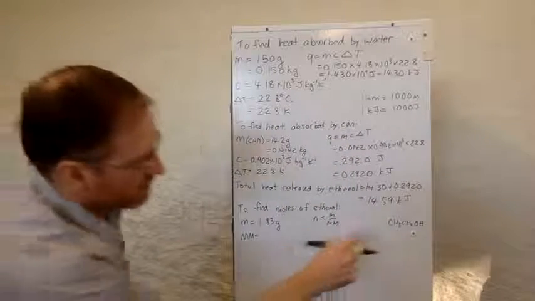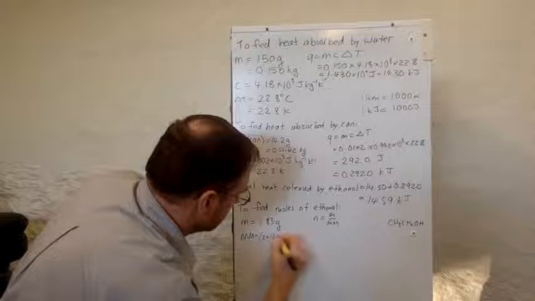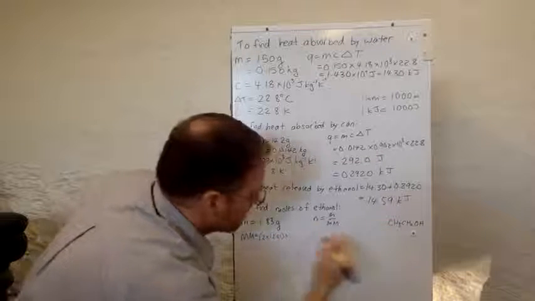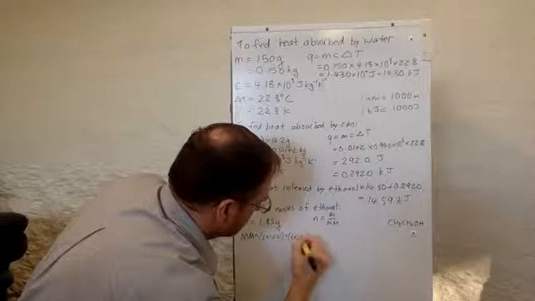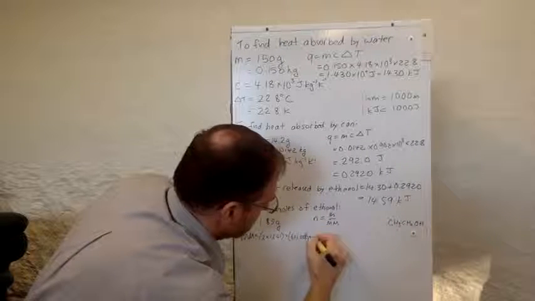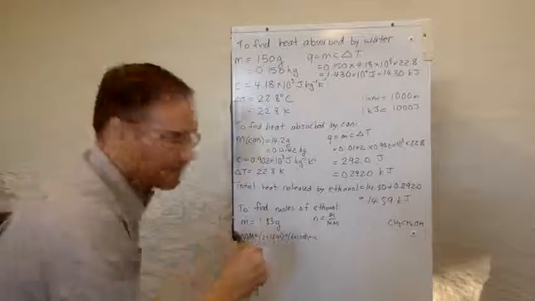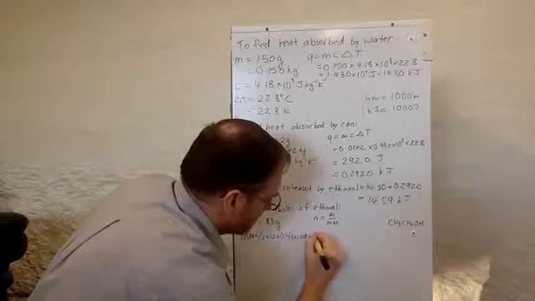So what's my molar mass going to be? It's going to be 2 carbons, so 2 times 12.01, plus 6 hydrogens, 6 times 1.008, plus 1 oxygen, 16. So plus 16.